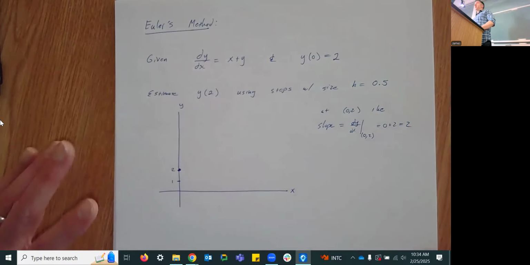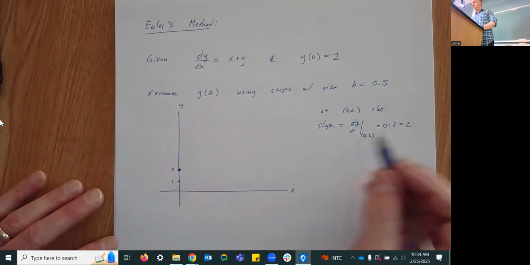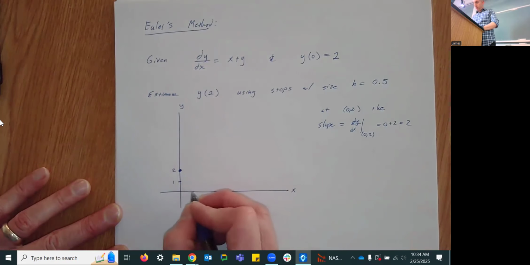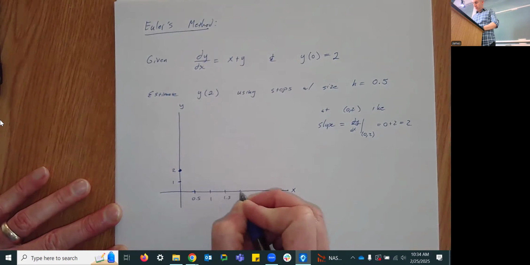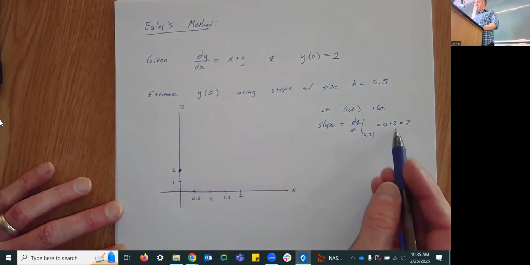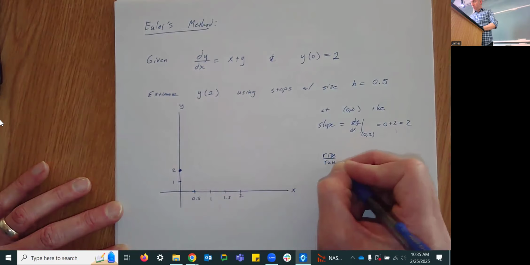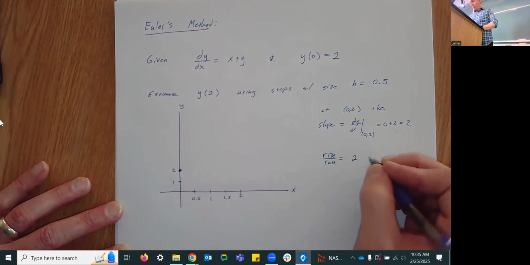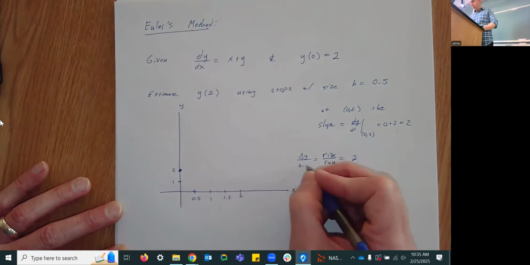Now, am I doing this the longest way possible? Yes. We're going to streamline this a bit, but for now, we're just going to understand what we're doing. So our slope's 2, so we're going to go step size of 0.5. We're going to go over and up a slope of 2. So if our slope is 2, that means our rise over our run is equal to 2, but our rise is what we're trying to figure out, and our run is our step size, which is 0.5.